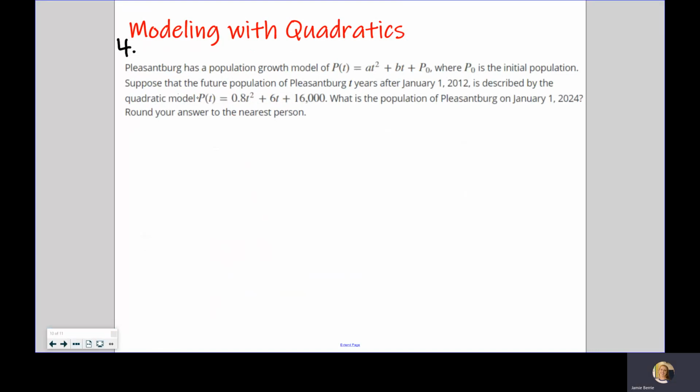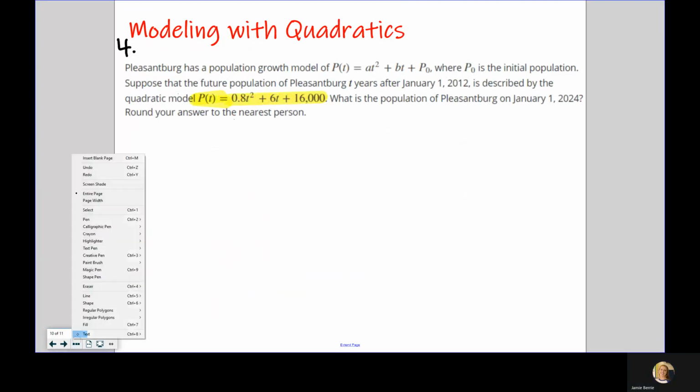All right, so here's our model. And it says, what is the population of Pleasantburg on January 1st, 2024? Round your answer to the nearest person. All right, so there's the model.